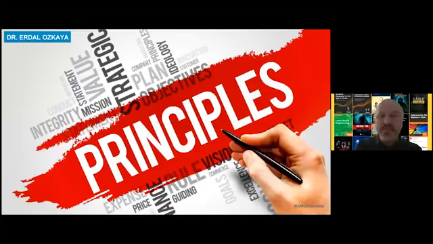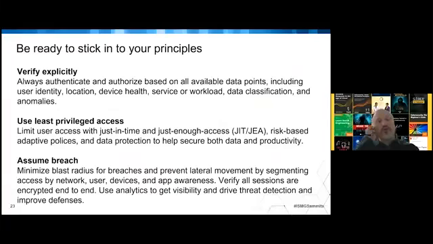So what principles do you need? First of all, remember, we need to be strict in your principle. You need to be able to verify explicitly. You need to always authenticate and authorize based on all available data points, including, as I mentioned earlier, identity, location, device health, service, workload, data classification, and anomalies.